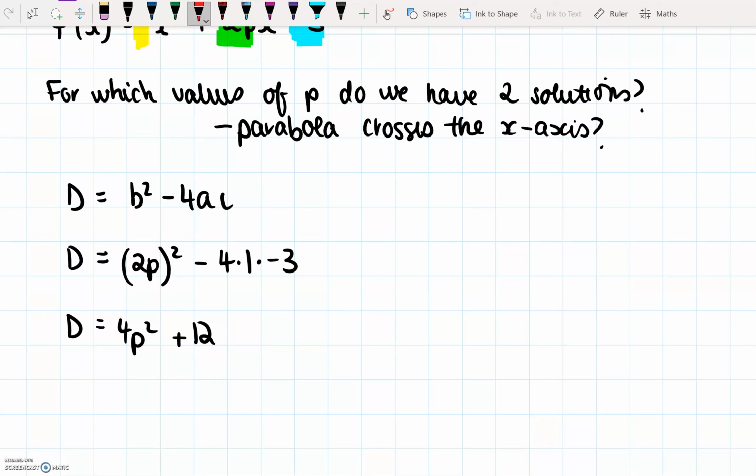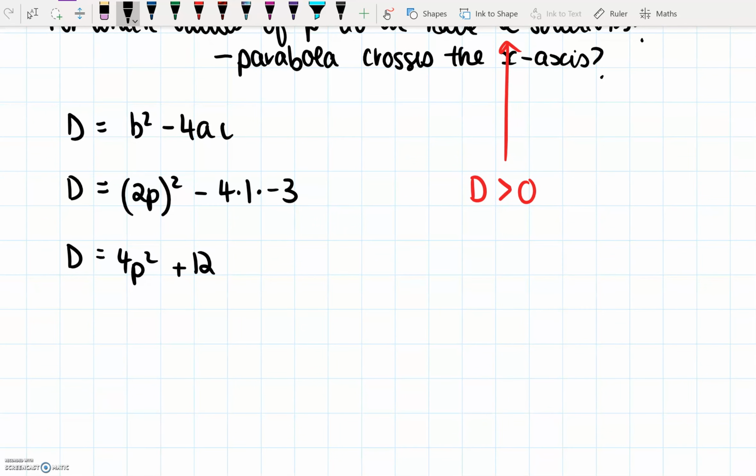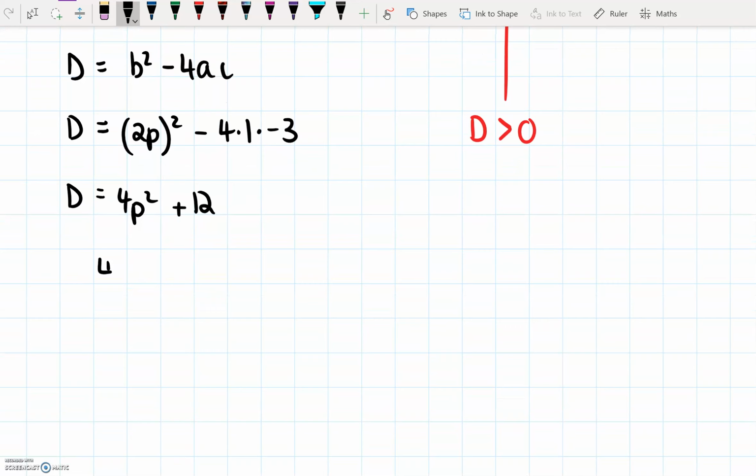So we know that if we have two solutions, then D is going to be greater than 0. So we can now say that 4p squared plus 12 is greater than 0. This is our first part of the solution.